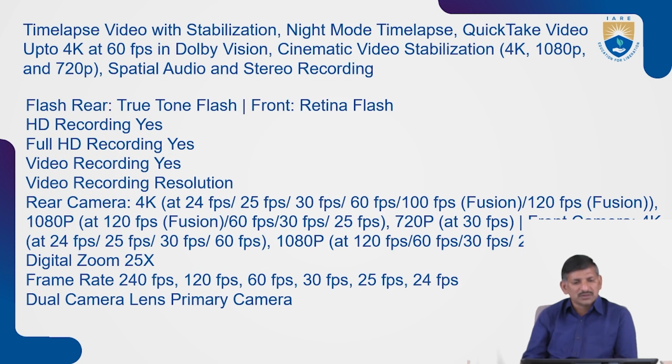Just check it once. It supports Full HD recording and 4K recording with specifications of 24 frames per second, 25 frames per second, 60 frames per second, 100 frames per second, 120 frames per second, or 1080p at 120 frames per second.